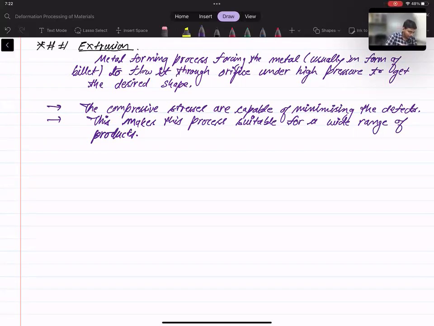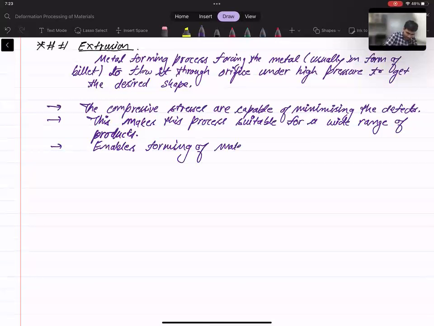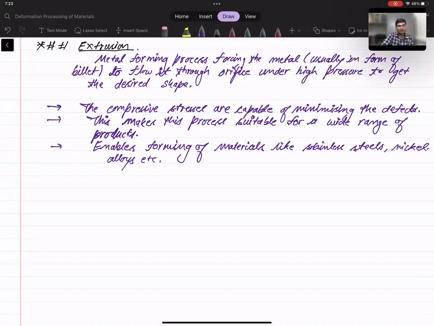Okay, so this enables forming of materials like stainless steels and nickel alloys, etc. So, like we had seen in rolling, extrusion is also broadly classified into hot working and cold working, that is hot extrusion and cold extrusion.